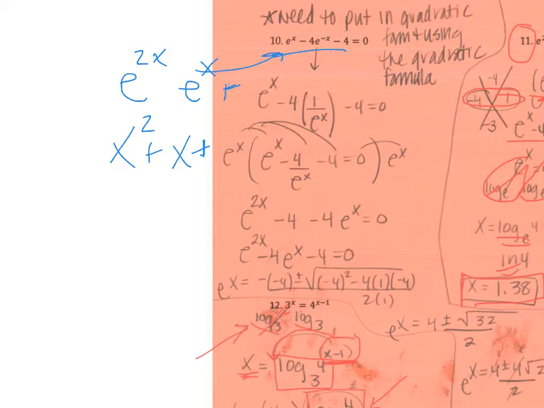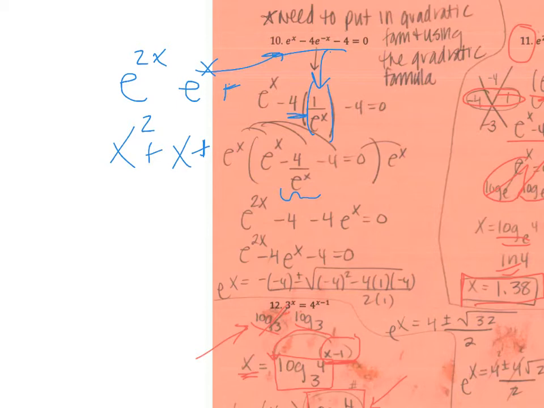We know that a base to a negative power means that we look at the reciprocal raised to a positive power. So e to the -x becomes 1 over e to the x, and that -4 is being multiplied in front. That's why we end up with -4 over e to the x, because -4 times 1 is -4 up top, and the e to the x down bottom.